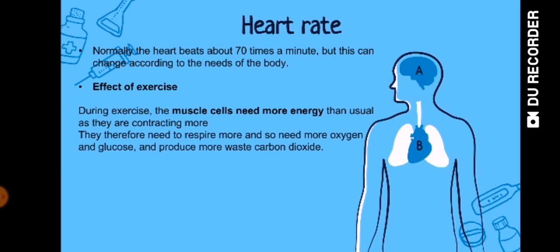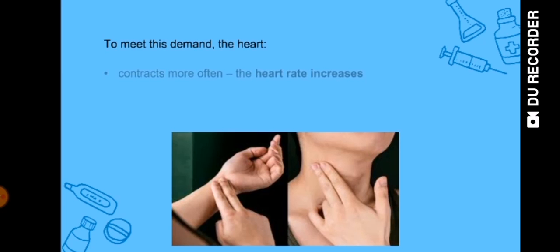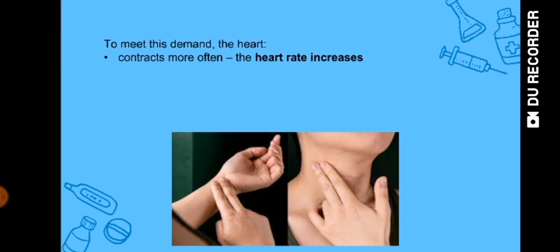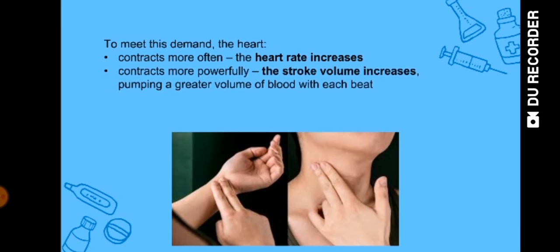After exercise has finished, the heart rate takes several minutes to return to its normal resting rate in order to continue supplying muscle cells with oxygen. This is called oxygen debt. As we know, when we do exercise, our muscles respire anaerobically, so they produce lactic acid. And lactic acid is a toxic substance, so we need more oxygen to break it down.